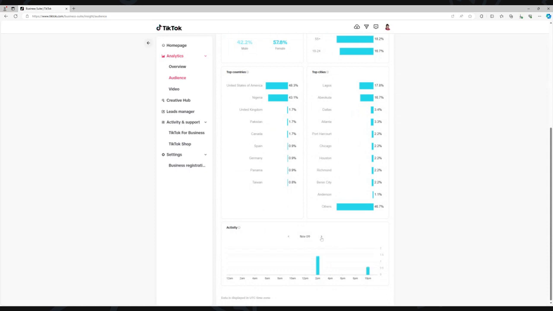So 2 p.m. they were active, 10 p.m. on the 9th, 4 a.m. And then you have like 5 p.m., 6 p.m., 5 a.m., 10 p.m., that's 11 p.m. So that's giving me a range for me to know, okay, based on these times, this is when your audience is most active. So these are the time frames that I should be using to post.